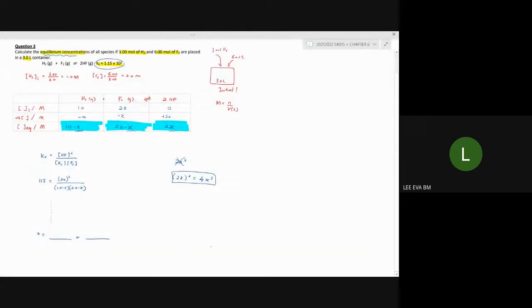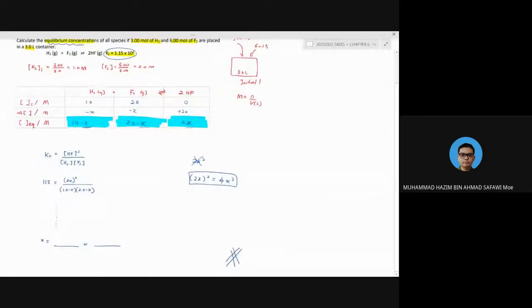And for our next hour, Madam nak check awak punya jawapan. Yeah. I'm not sure, but I got both of the X positive. Yes, X value will be positive. The one that cannot be negative is the equilibrium concentration.